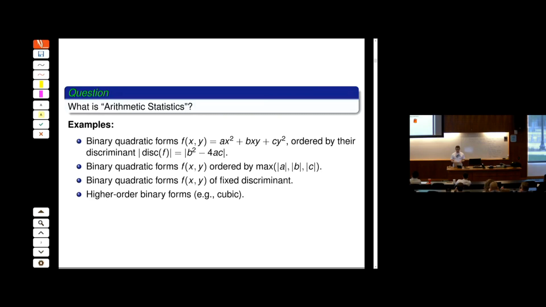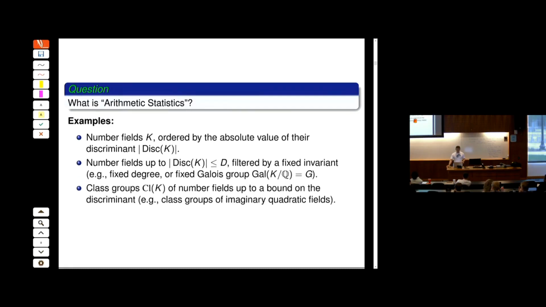The work of Manjul Bhargava connects these forms. Long ago, there were connections between binary quadratic forms and ideal class groups, but now we have all sorts of connections also with cubic forms and other forms, with number fields of certain types and class groups, and very interesting connections.